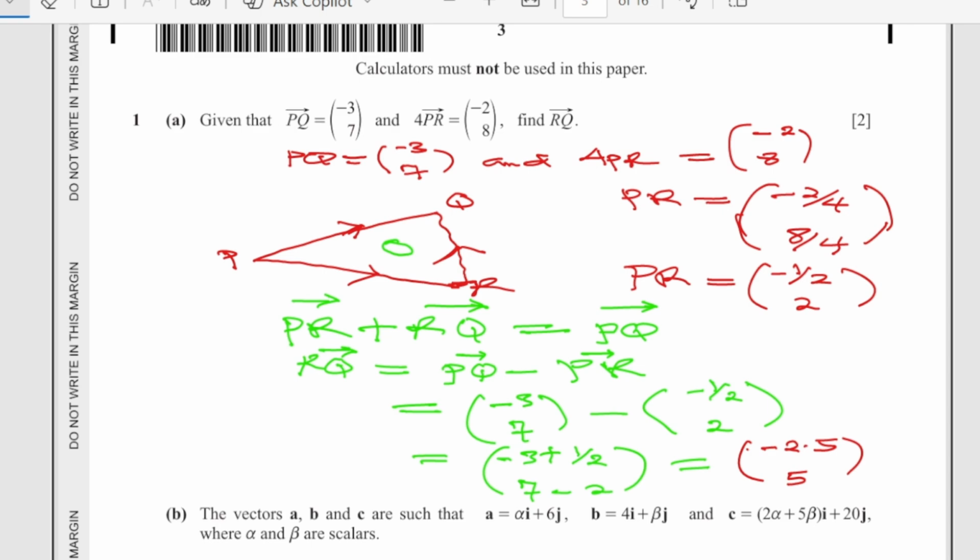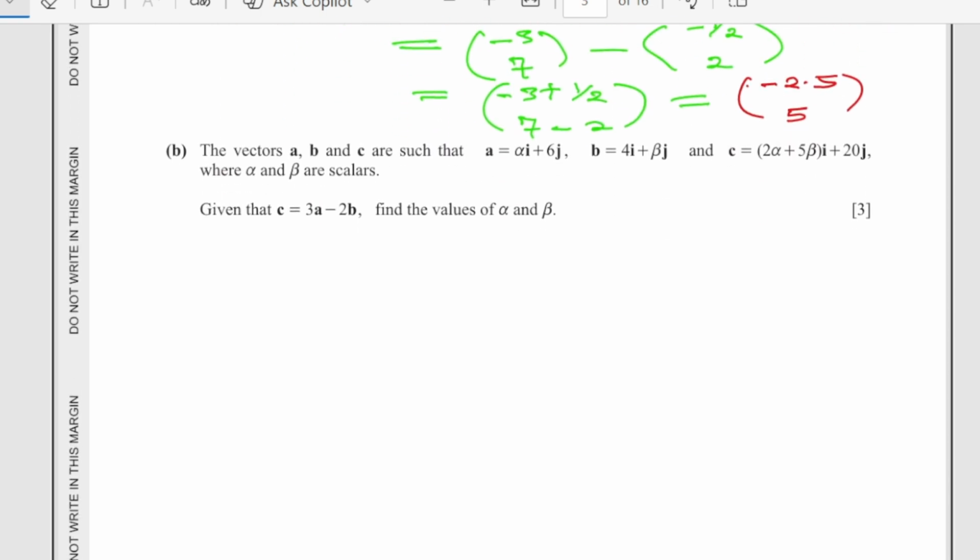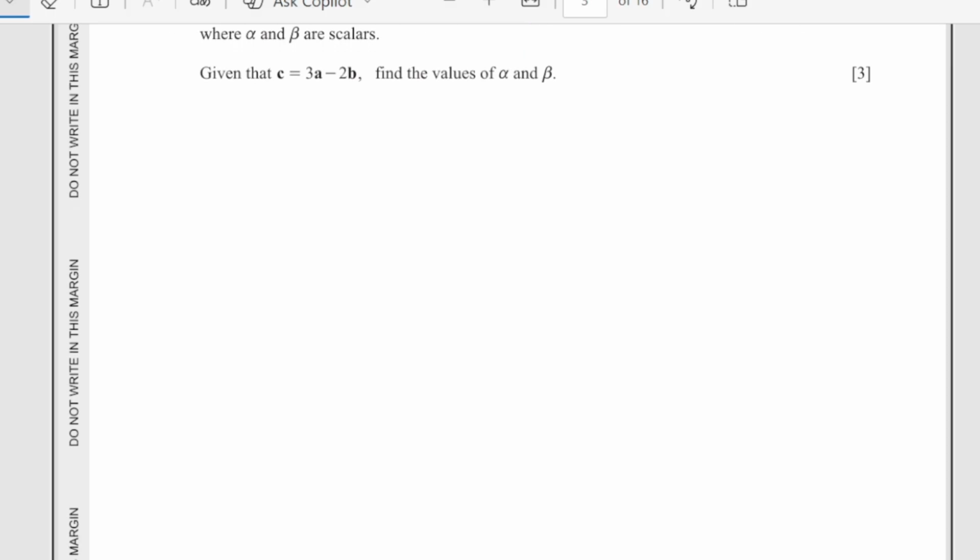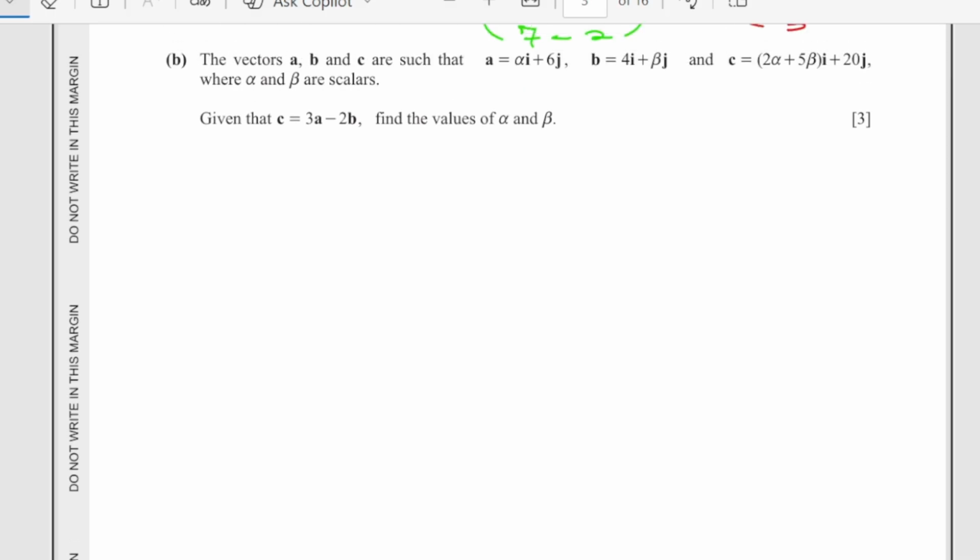So the second question, which is 1b, is still on the same vector. In this question, they say the vectors A, B, and C are such that A is given, then B is given, and C is given, where alpha and beta are scalars. Given that C is equal to 3A minus 2B, find the values of alpha and beta.